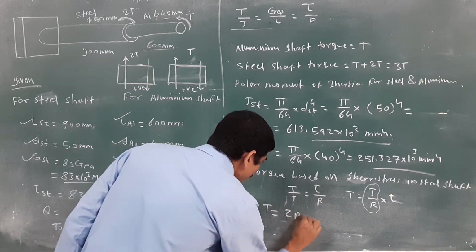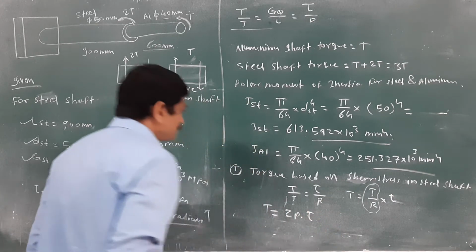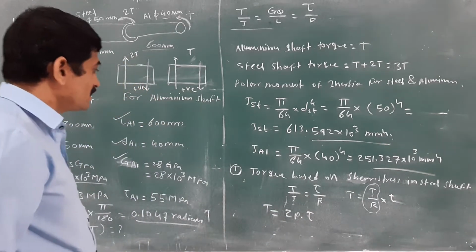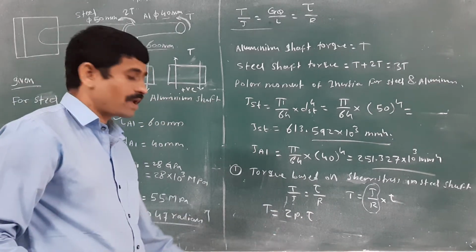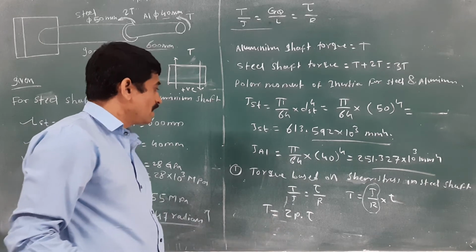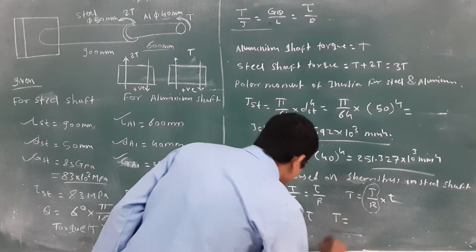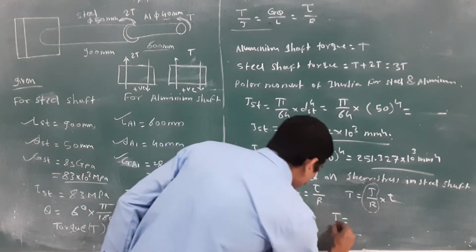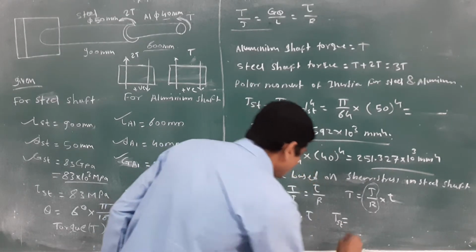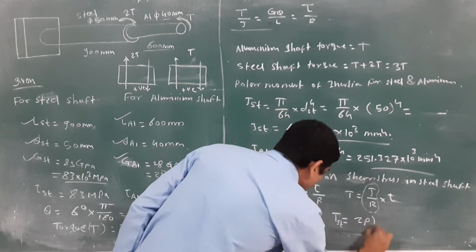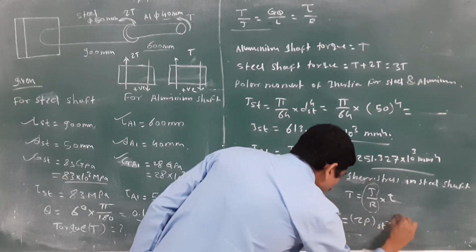T is equal to ZP into tau. Okay, this is the generalized formula. Already we have seen it in unit number 3 also, in the torsion theory. I will write torque in steel, T ST is equal to ZP for the steel into tau ST.